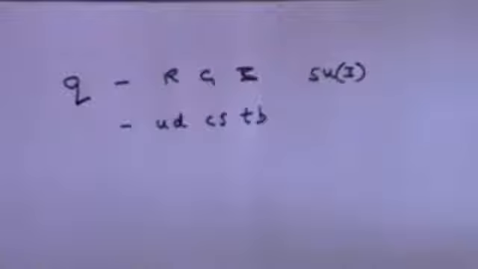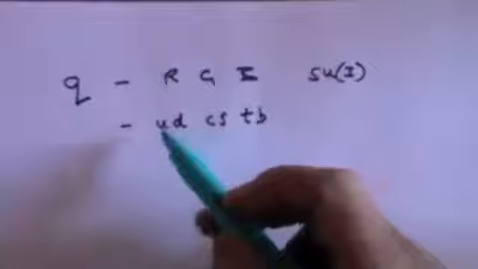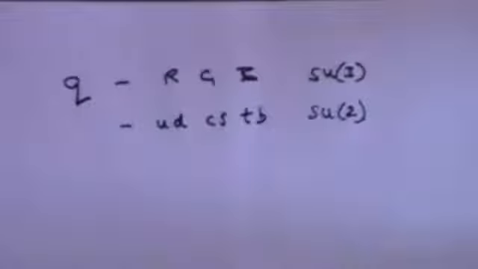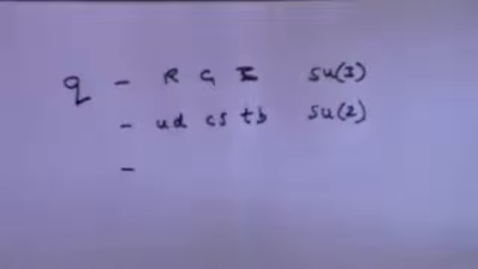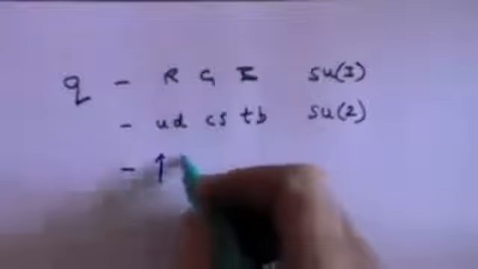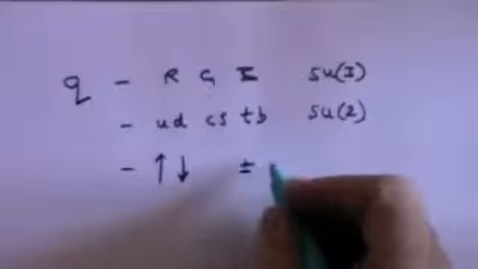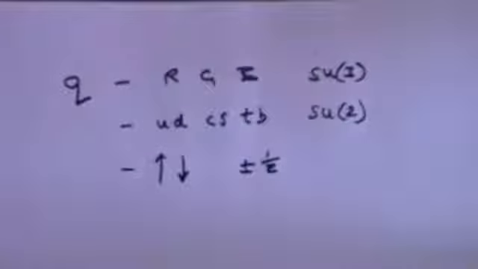So there are three lots of pairs, and they can again rotate between up and down, and mathematically we use the special unitary matrix SU2. And of course, because quarks are fermions, they have a spin, and that spin can either be up or down. We call that plus or minus 1/2.